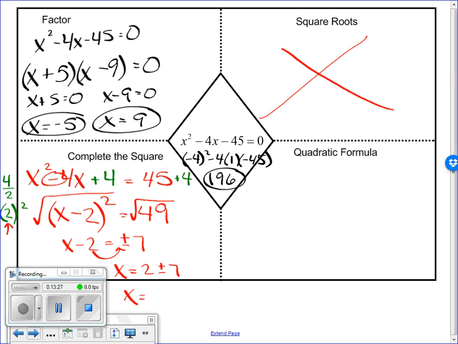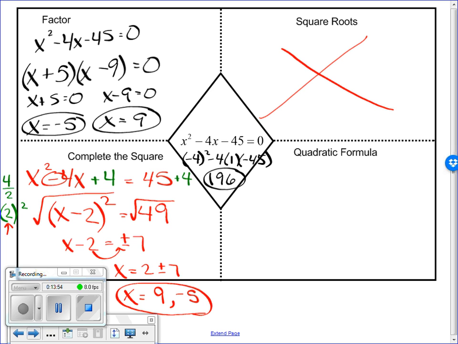I have two answers. What's 2 plus 7? 9. 2 minus 7, negative 5. So completing the square. That wasn't too bad, right? There's no fractions in it. If you had a choice between factoring or completing the square, what would you choose? So would I. Factoring was way faster.